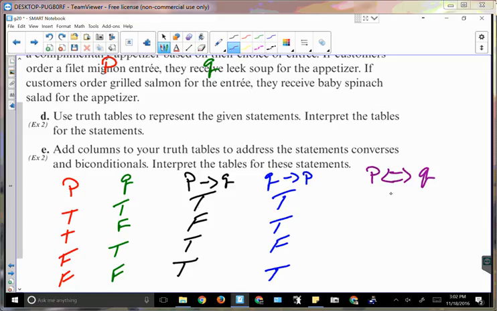And so this turns out to be true, that turns out to be false, that turns out to be false, and this turns out to be true. And you're kind of going, well, what do you mean? Well, if they didn't order filet mignon, they did not get leek soup, correct? That's the false. True would be having it, false would be not having it.